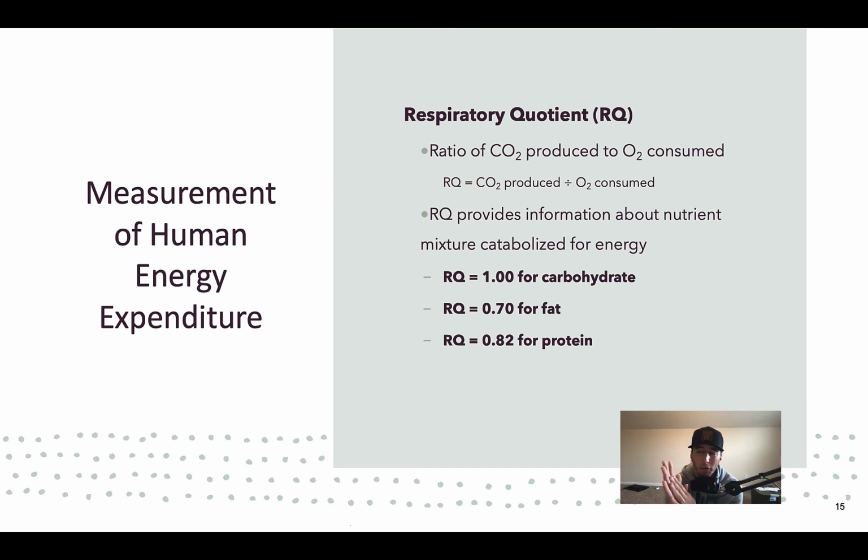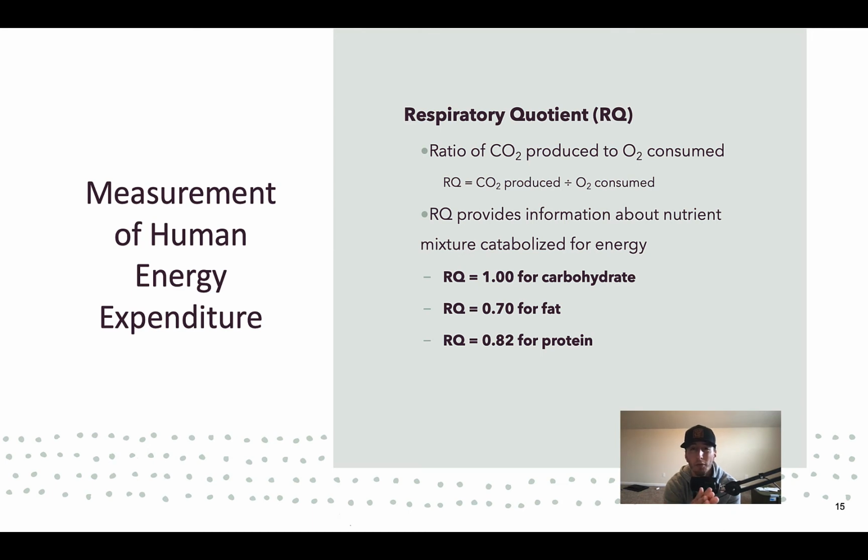If we're going from fat to acetyl-CoA, we're not going to produce the same amount of carbon dioxide. So the concept is that if we're burning higher levels of carbohydrate, we will produce significantly more carbon dioxide. If we're burning lower levels of carbohydrate, we'll produce less carbon dioxide.